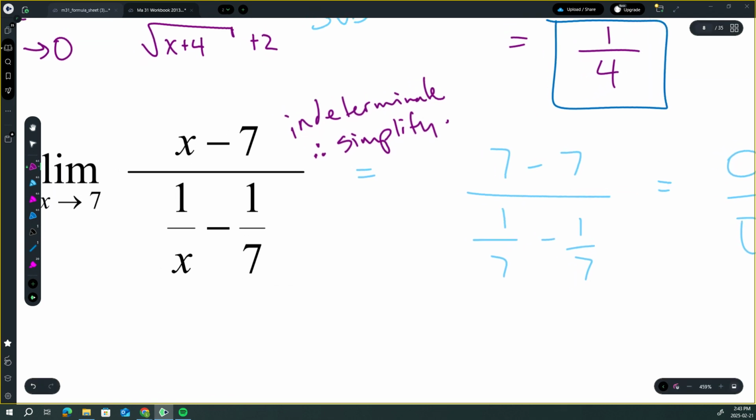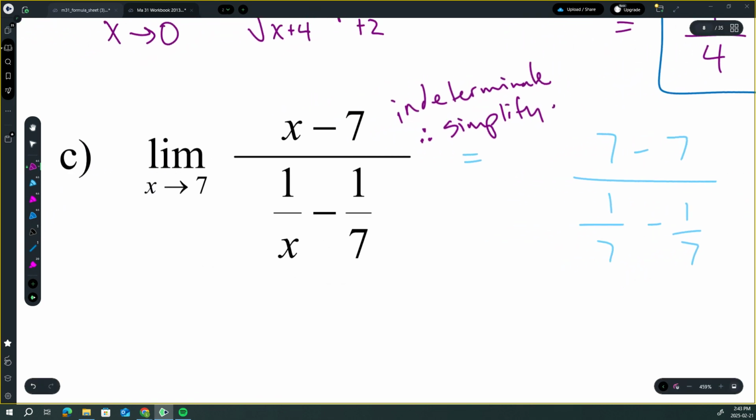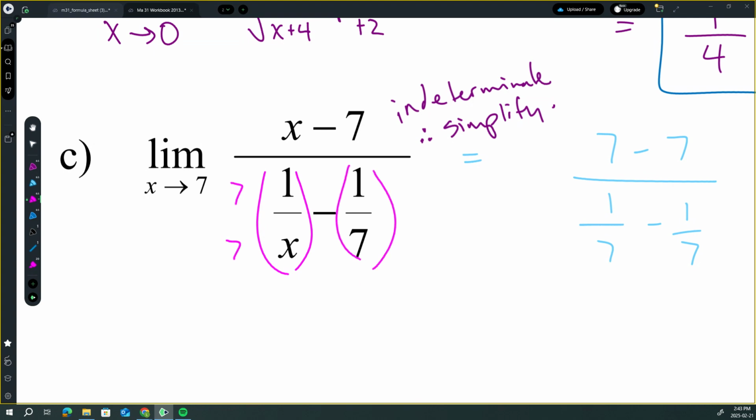In order to simplify, I'm going to focus on the denominator and make them just into one fraction here. I'm going to do that by multiplying the numerator and denominator of the first term by 7 and then the second term by x.